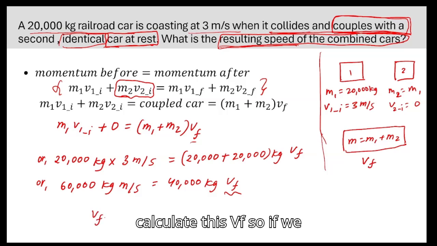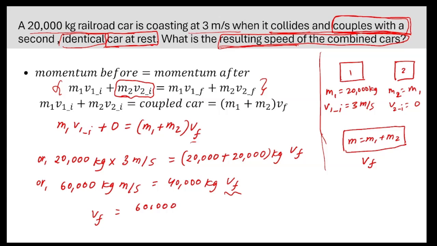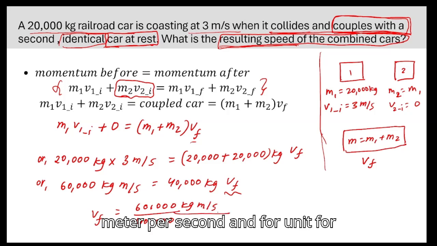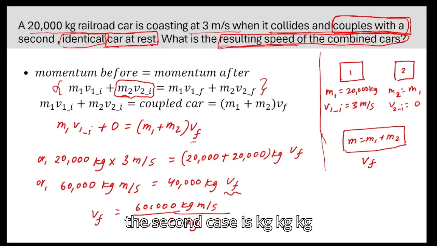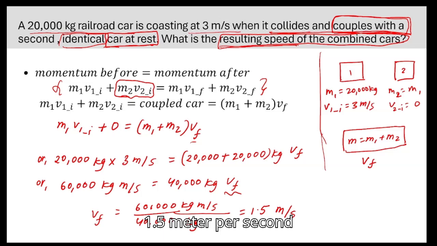Now we need to calculate this vf. So if we isolate vf, we have 60,000 over 40,000, and the unit here is kg meter per second, and for the second case is kg. Kg cancels out, and if we divide 60,000 by 40,000, we will get 1.5 meters per second.